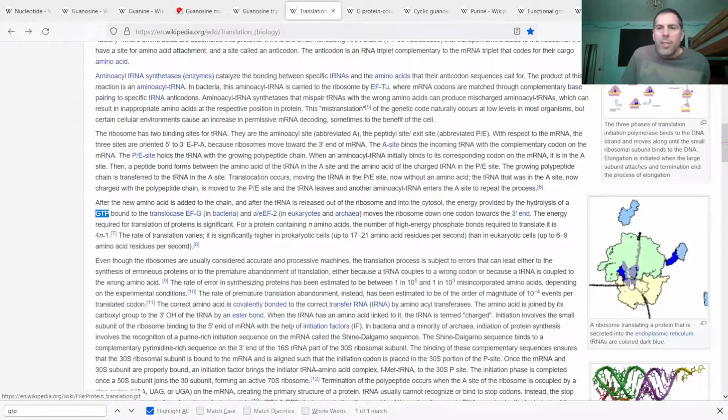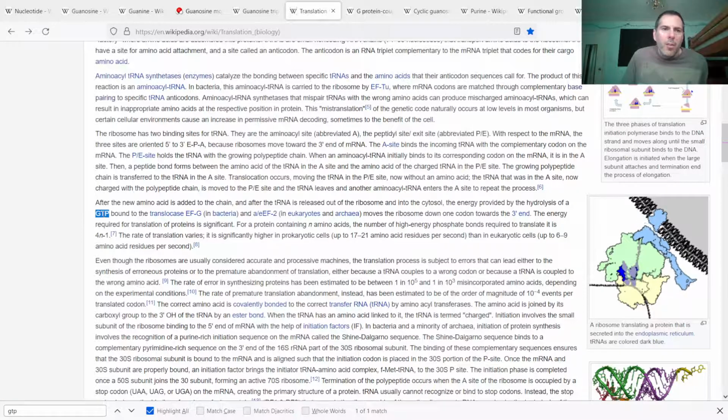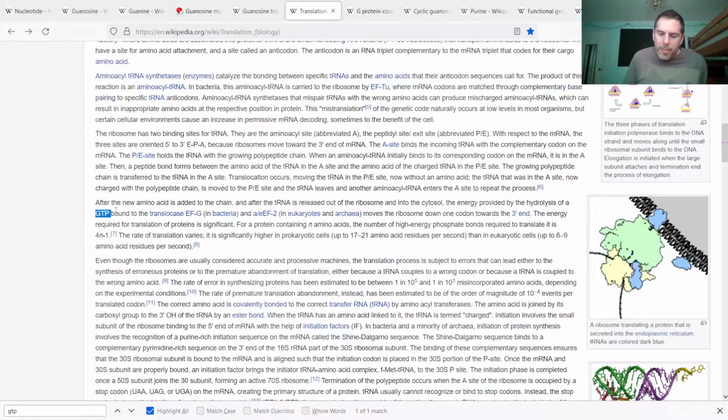So during translation, when the ribosome is translating messenger RNA into polypeptide, it uses GTP during this translocation part of it, where the transfer RNA gets shifted over. It requires a conversion of GTP into, I think maybe GMP, guanosine monophosphate. It might be just the diphosphate, though, depending on how many phosphates get removed in that reaction.